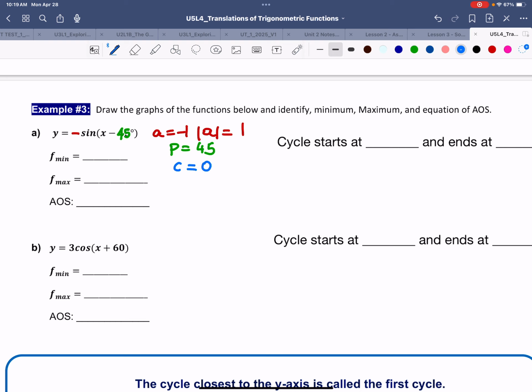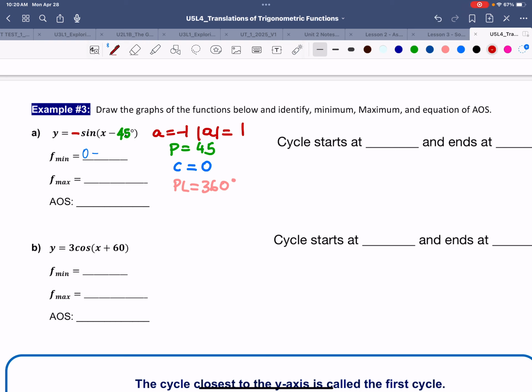And then we see that the coefficient k here is equal to 1, so we don't have any stretches in the horizontal direction, so that means that the period length would be equal to 360 degrees. Now, to find the minimum or the maximum, if you remember, we said that we have to start at the axis of symmetry, which in our case is 0, and for the minimum, we subtract the amplitude.